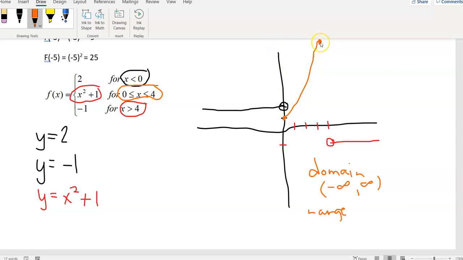But we need to know what that point right there is. Well, let's notice that that is our parabolic shape. So really, if we put the x equals 4 in here, we can find out what that y value is. It's 16 plus 1. It's 17.